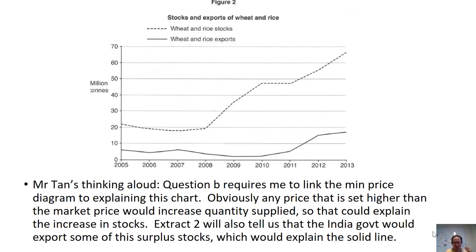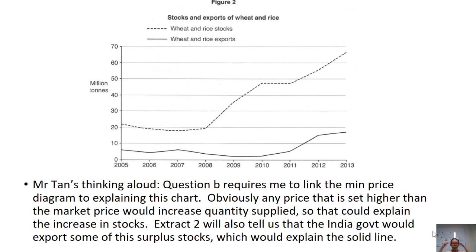Because if you look back at question B, right, they say with the aid of a diagram, which means I must definitely use a diagram for question B. But after I use the diagram, I must make sure that the diagram helps to explain this changing trend for both wheat and rice stocks, which is increasing, as well as the increasing wheat and rice exports.